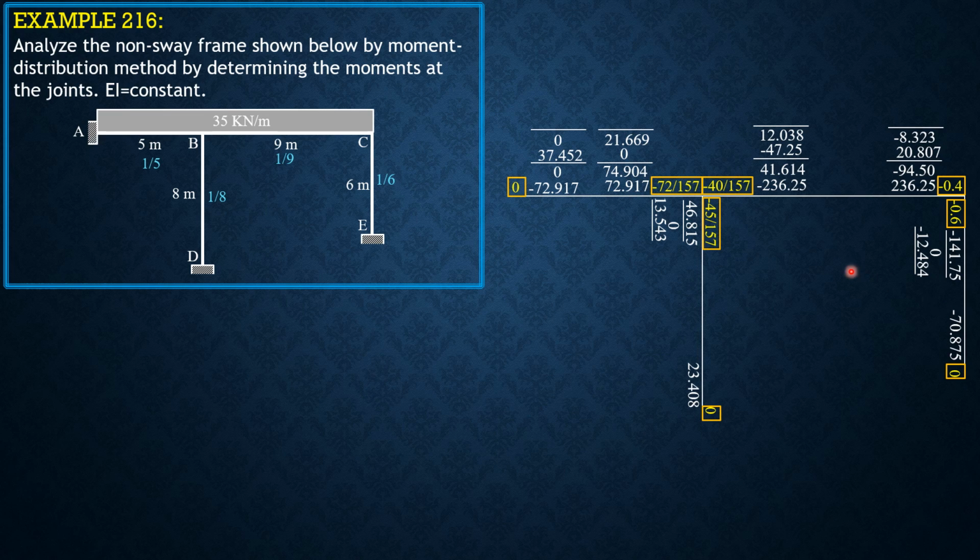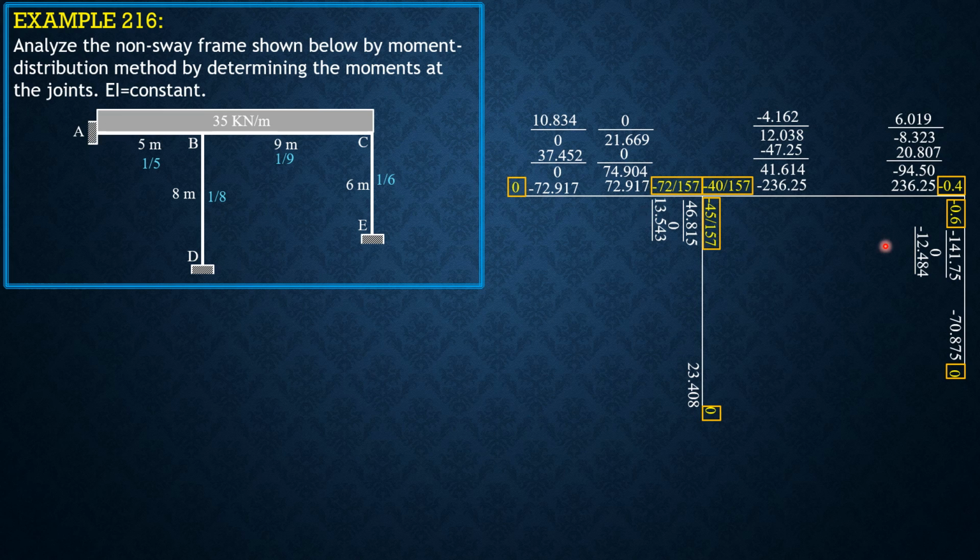Then carry over. So 0 here, half of 21.669 is 10.834. And 0 there. Half of negative 8.323, negative 4.162. Half of 12.038, put the value there, 6.019. Then distributed moment is 0, so 0.